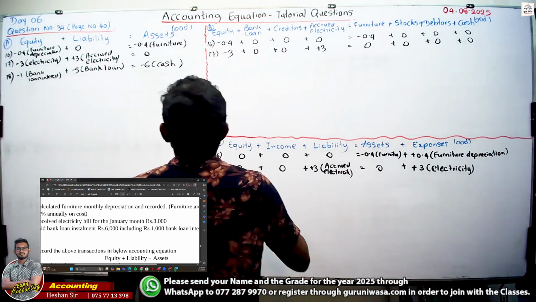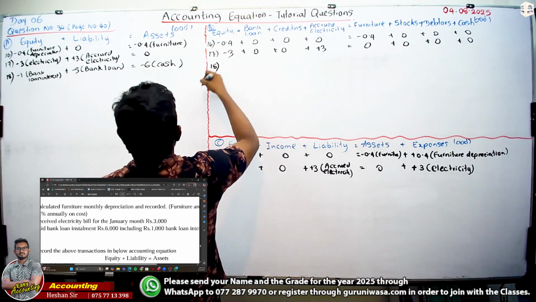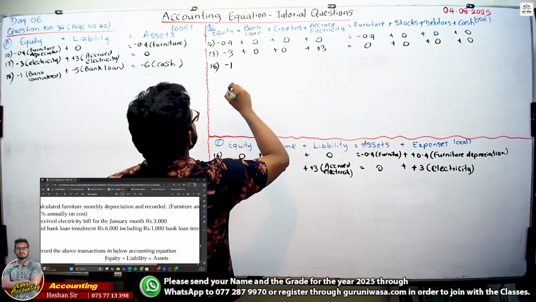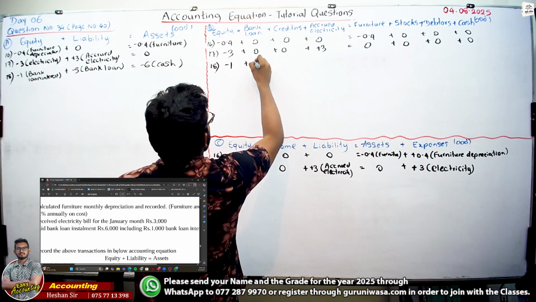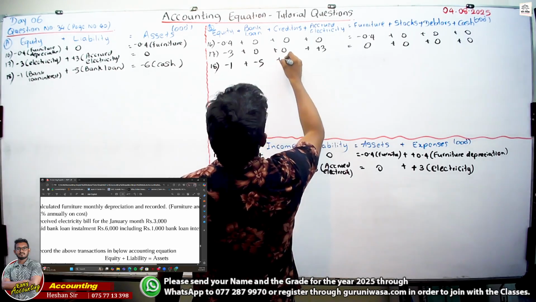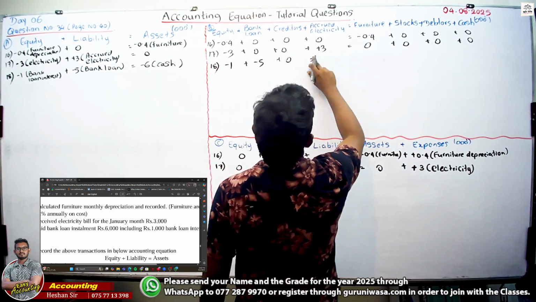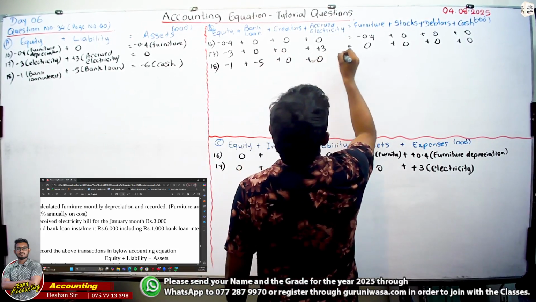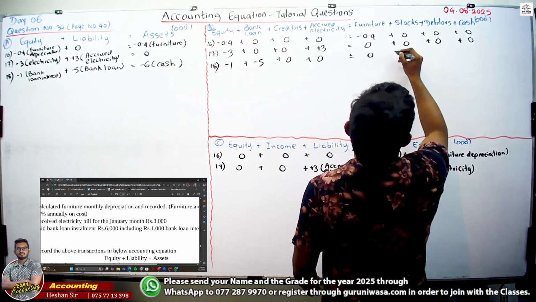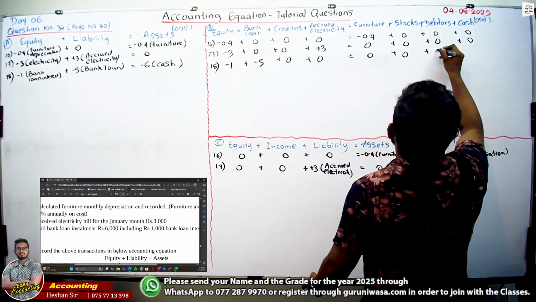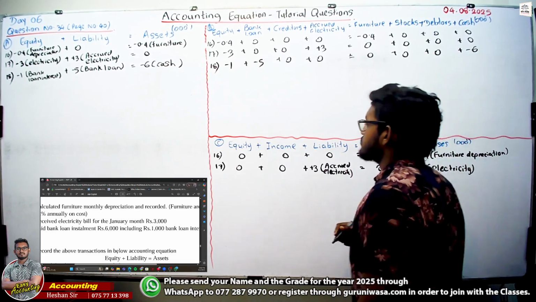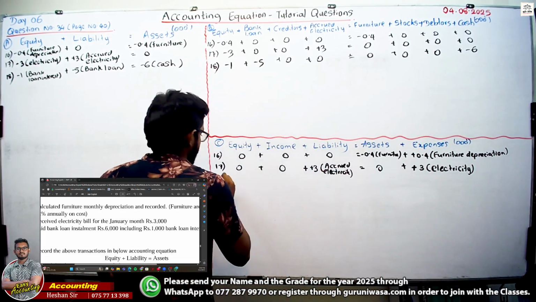We go to here: equity minus 1, bank loan minus 5, cash minus 6.